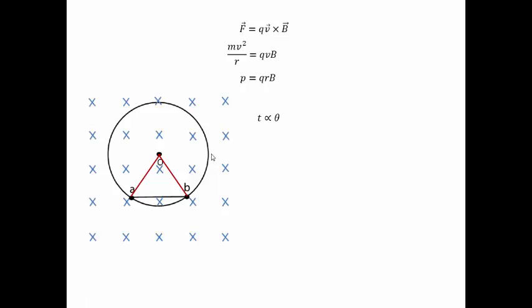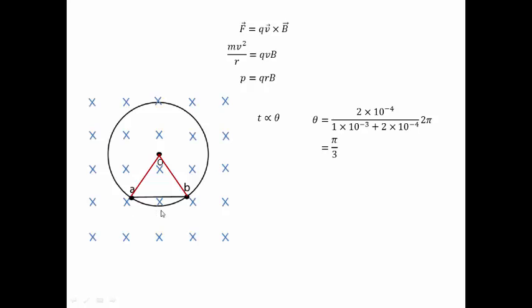Now using this proportionality relation, we can compute the angle subtended by points A and B, where this is the time taken to travel between A and B, this is the time taken to travel the entire circle, and this is the angle subtended by the entire circle in radians, which is just 2 pi. Computing these values gives us theta equals pi over 3.